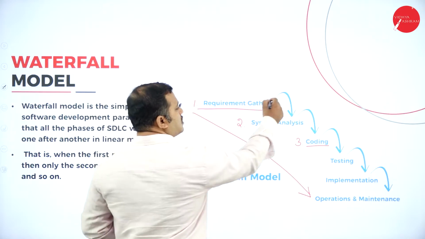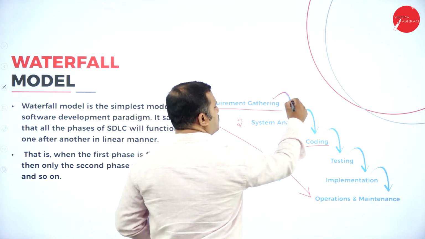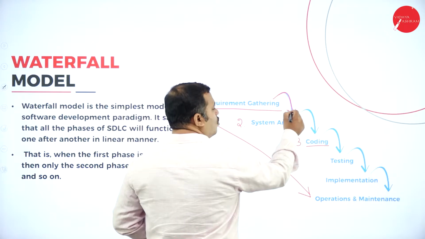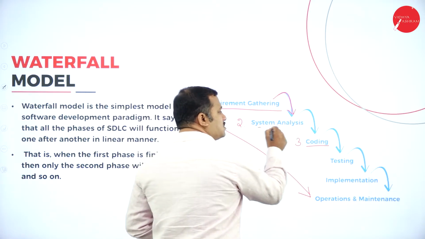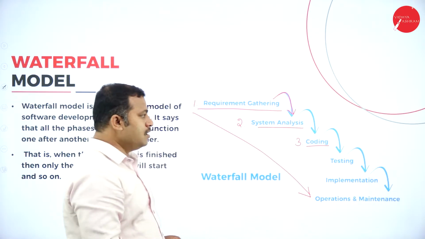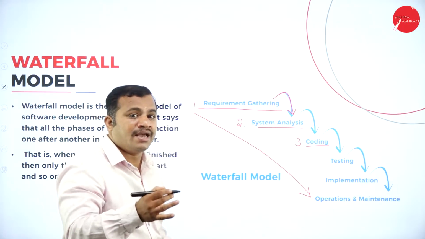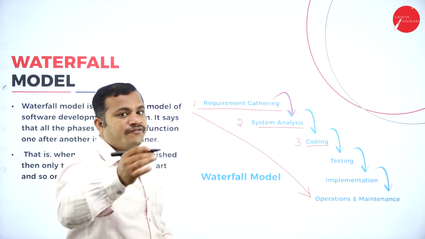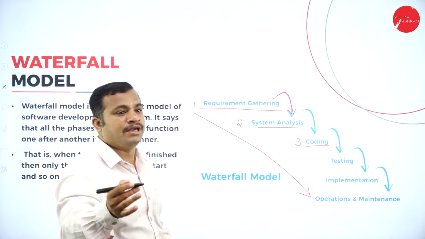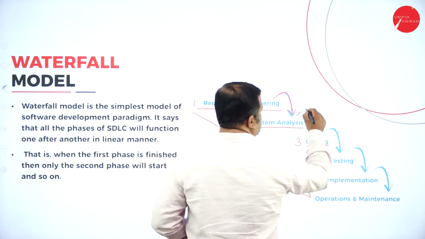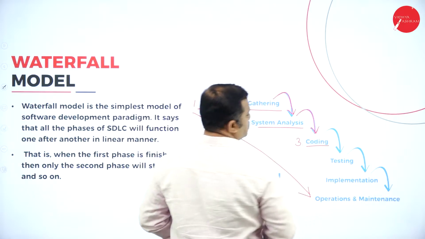Once the requirements gathering is completed, only then does the system analysis begin. Once the complete phase of system analysis and system design completes, the next phase of the waterfall model begins. That means the coding begins.